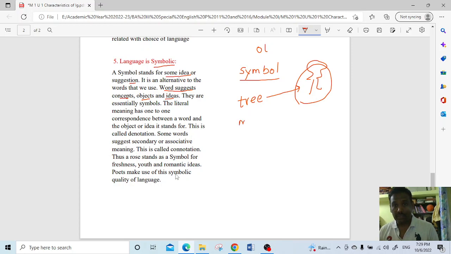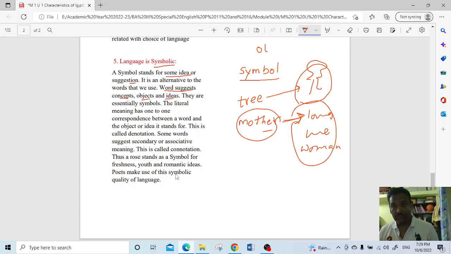When I say mother, there will be creation of concepts and ideas related with the mother. For example, loving person, kind person, woman. So these words lead to some ideas, some concepts, and some objects.